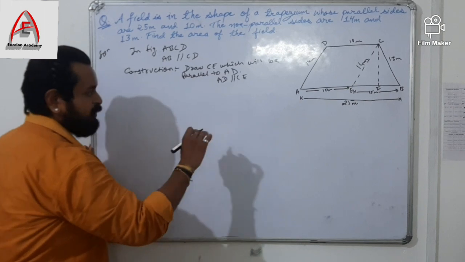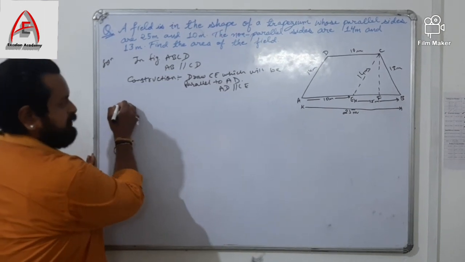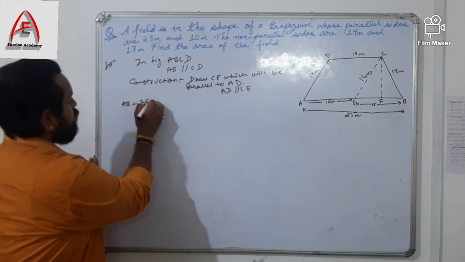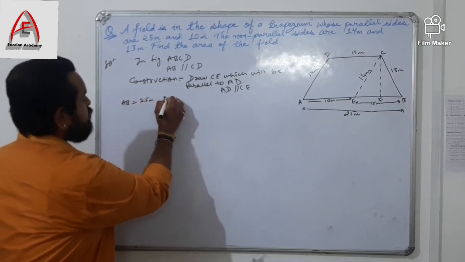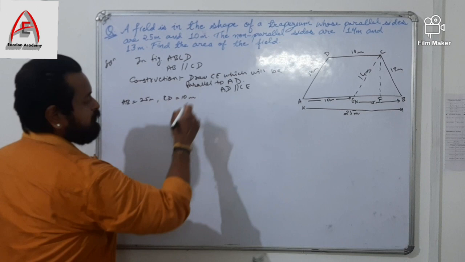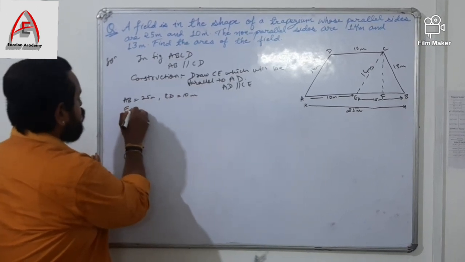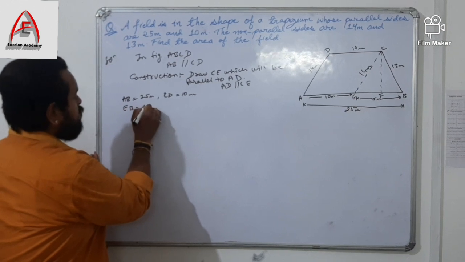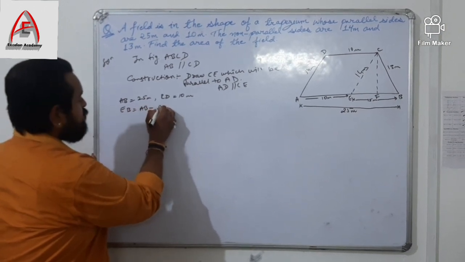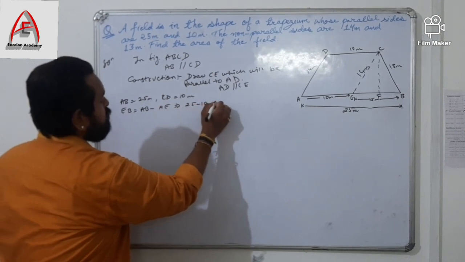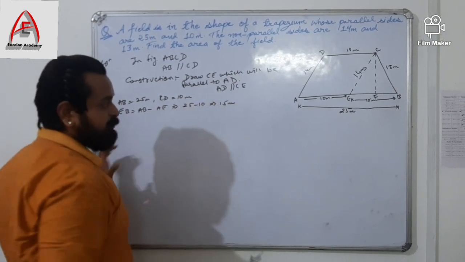Now we will write all the given information, that is AB is equal to 25 meter, CD is equal to 10 meter, and for EB, AB minus AE, it means 25 minus 10, so this will be 15 meter.